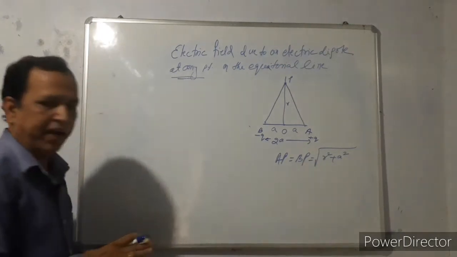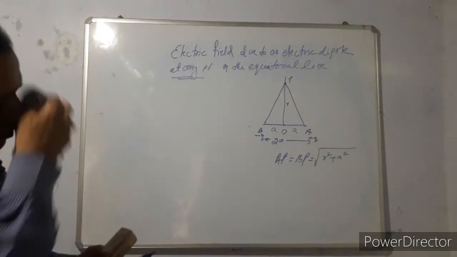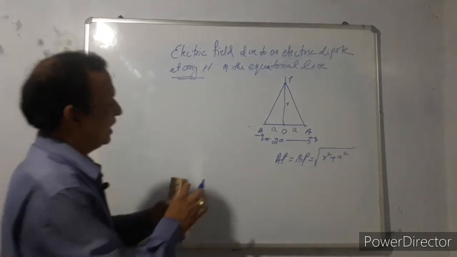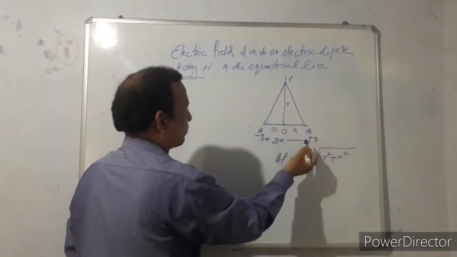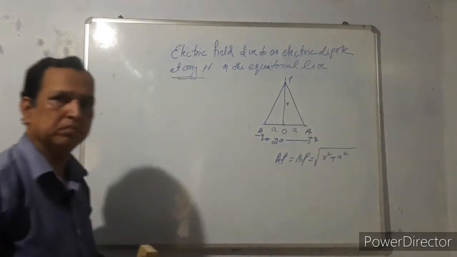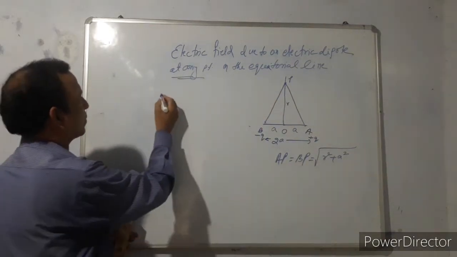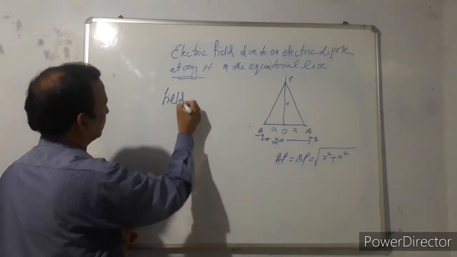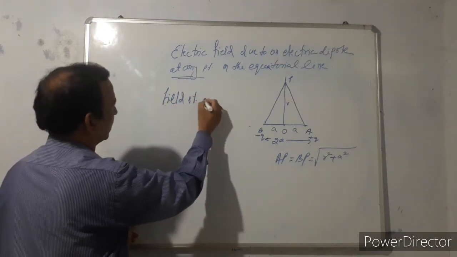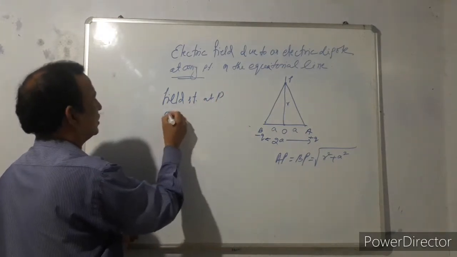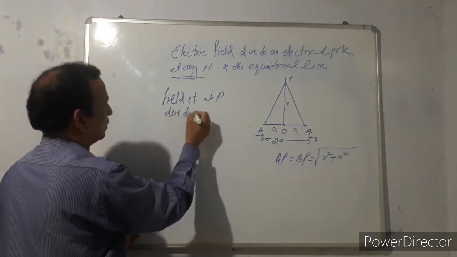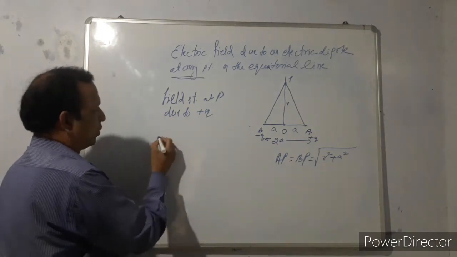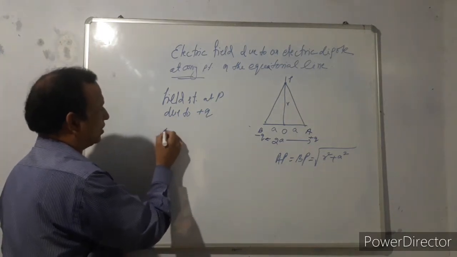Now we can find out the field strength at P due to plus Q, at A. Suppose this magnitude is E1.